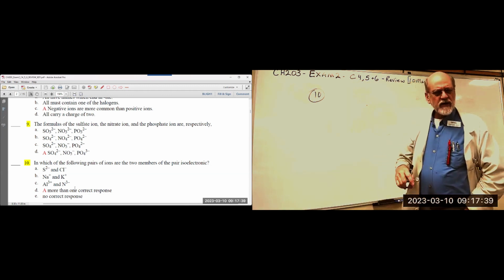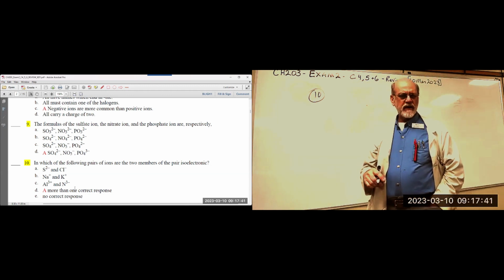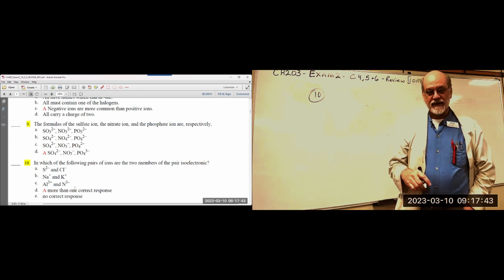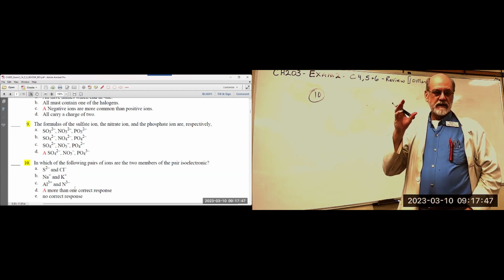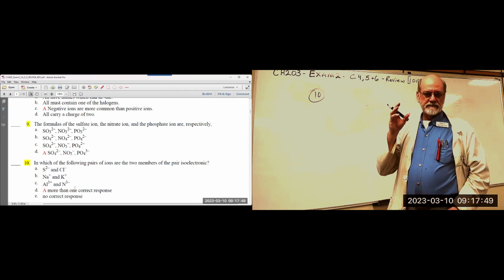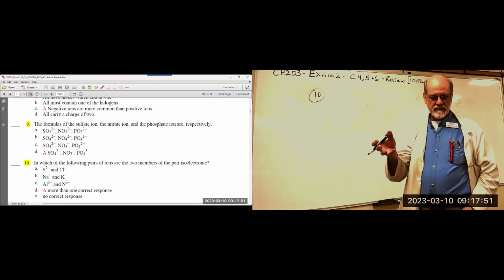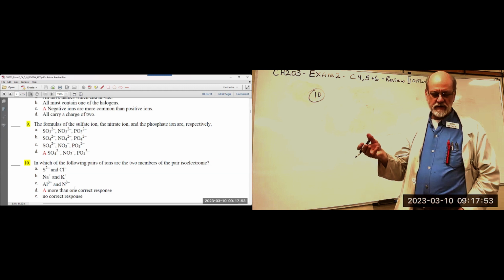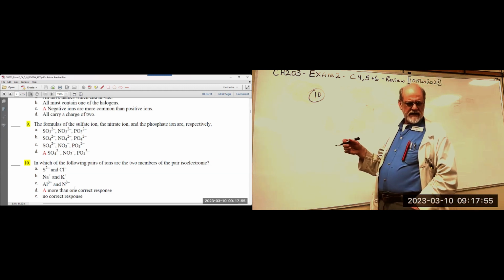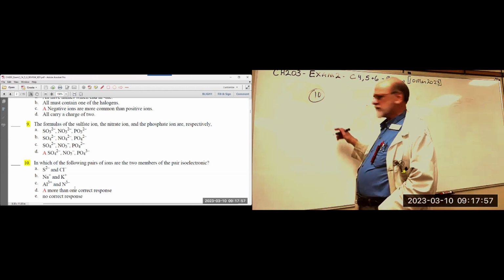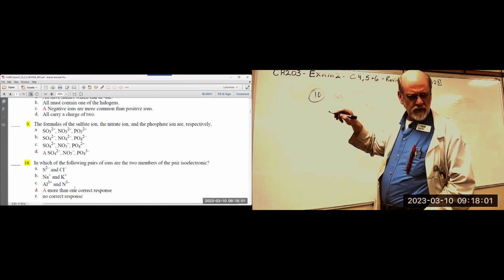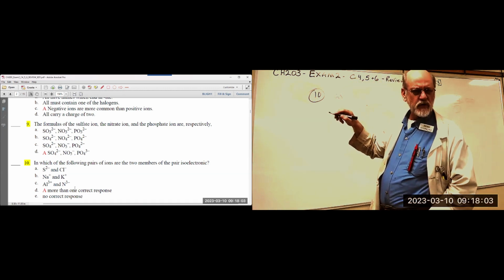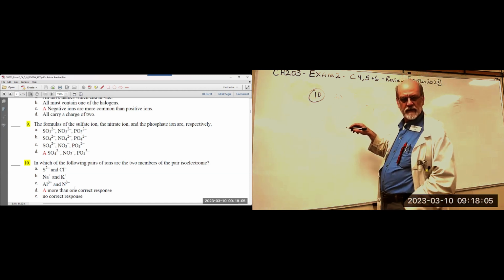In which of the following pairs of ions are the 2 members of the pair isoelectronic? All right. So now we have to think about whether they have the same electronic structure. More than one correct response is possible, or no correct response, so we have to do all 3 of them.